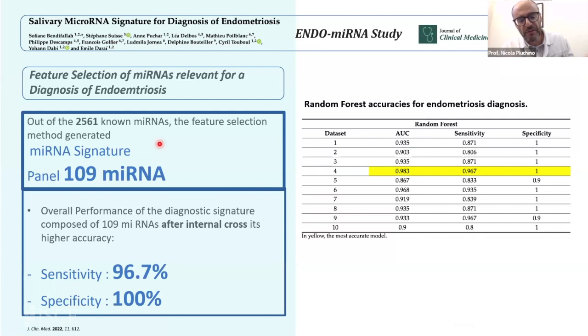This analysis, combined with the artificial intelligence protocol, gave as a result a panel of 109 microRNA that are differentially expressed between the control group, patients with symptoms associated with endometriosis but without the disease, and symptomatic patients with endometriosis, with a sensitivity of 96% and a specificity of 100%.